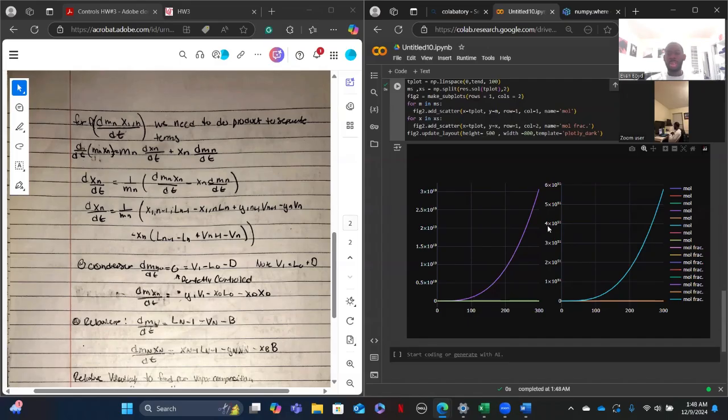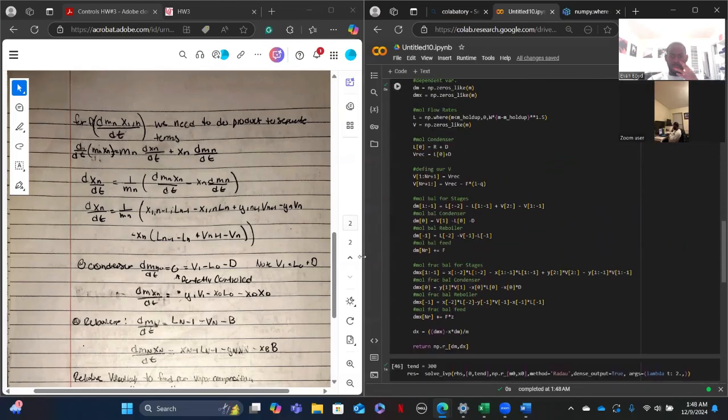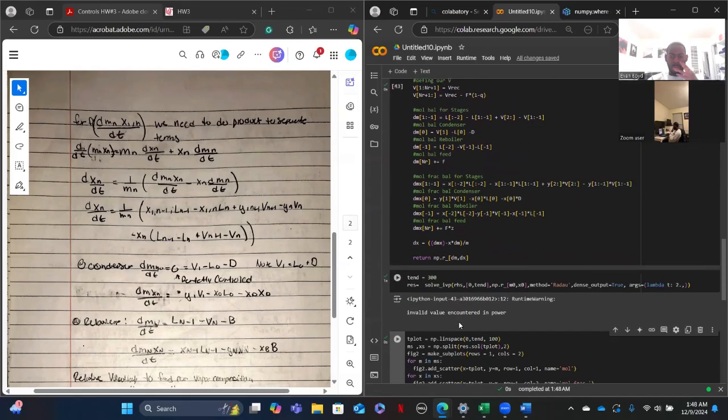We're not supposed to have an increase of moles. The moles should decrease as our distillation column goes through. I will check what the problem is, because it definitely has to do with our stages. Something probably messed up in between here. I'll be right back and I'll figure out what I messed up on.